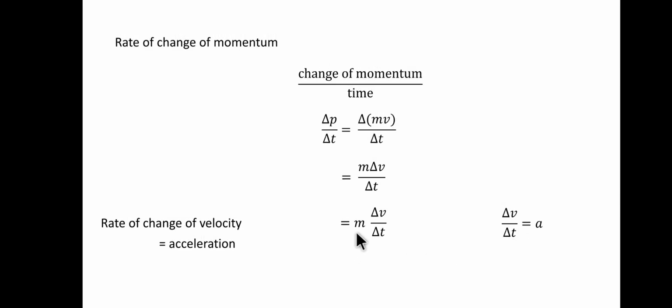In this expression we will substitute delta v by delta t with a. So we get delta p by delta t is equal to ma, which is the required expression for rate of change of momentum.